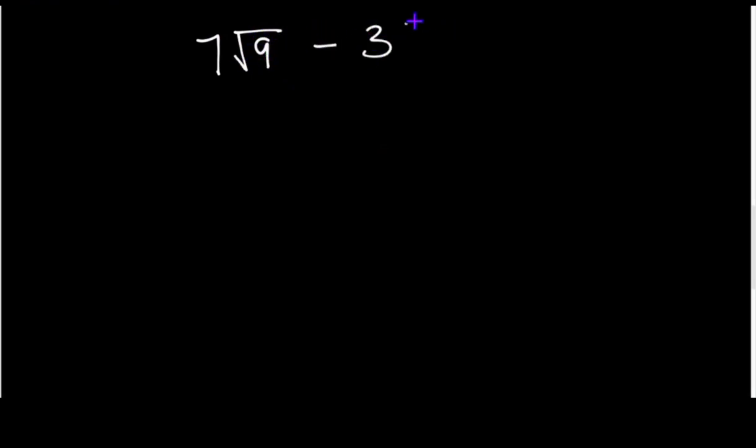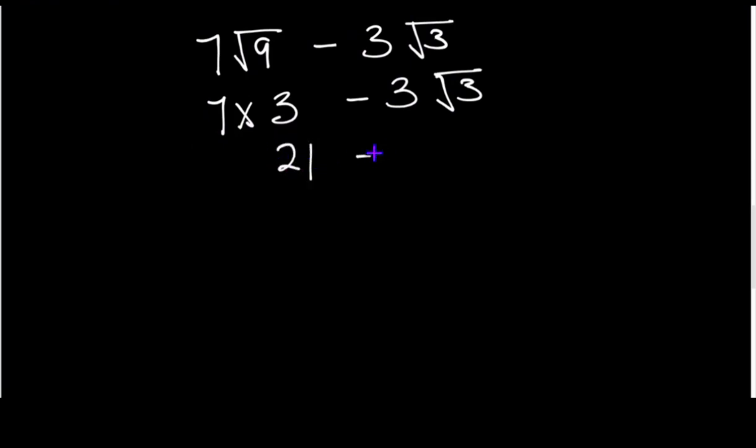So a question like 7 square root 9 minus 3 square root 3. So it gives us 7 times, so square root of 9 is simplified to 3, minus 3 square root 3. So 7 times 3 is 21, minus 3 square root 3.